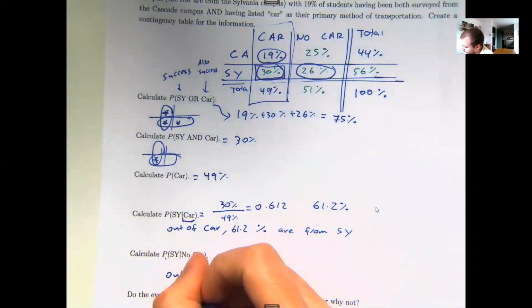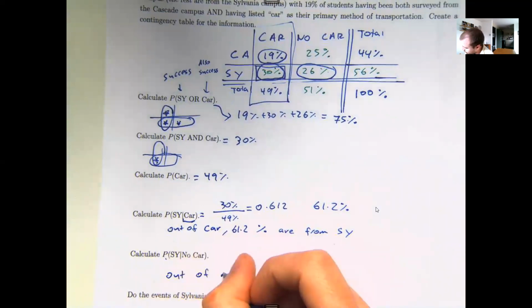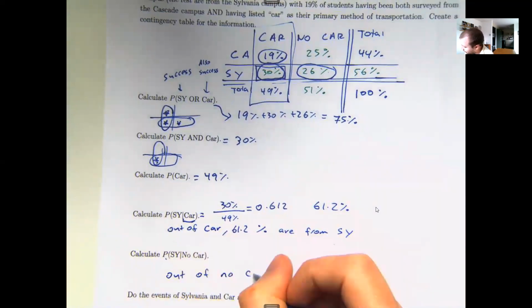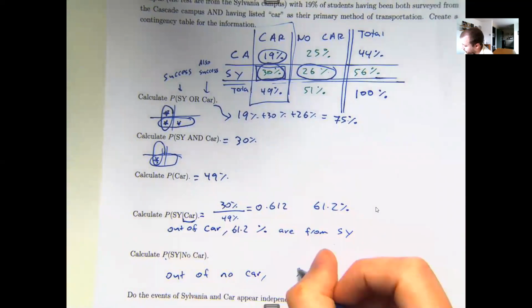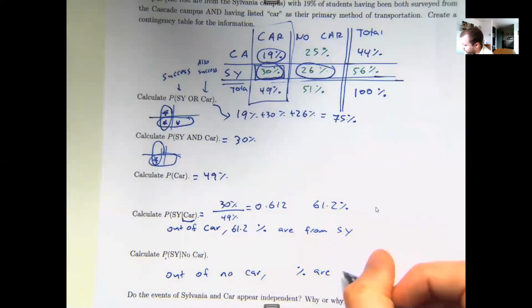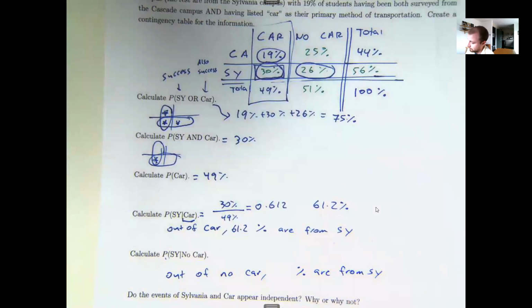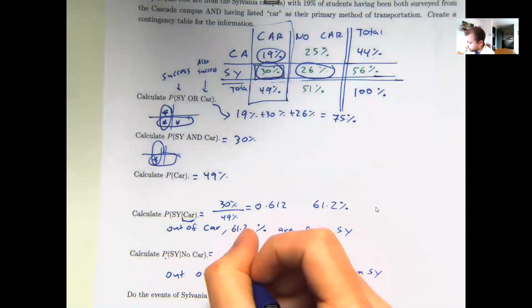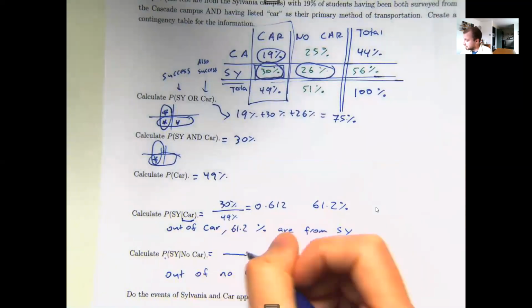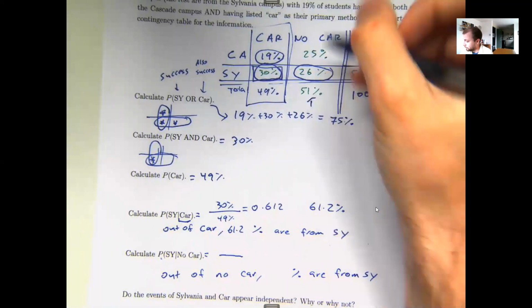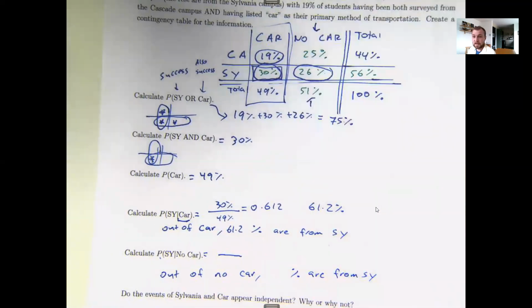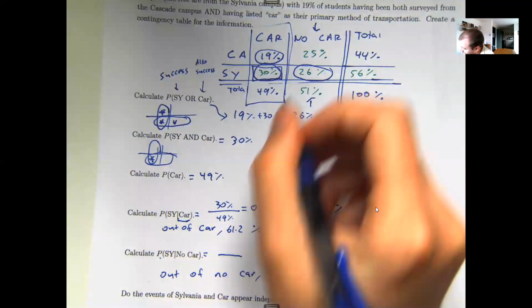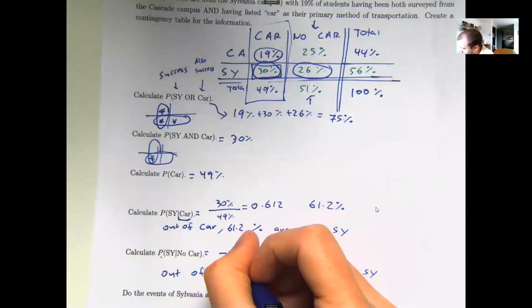Let's look at the non-car people, and let's figure out how well Sylvania is represented in the group without a car. No car is the second column. Inside of the second column, my total that I'm working with is 51%.